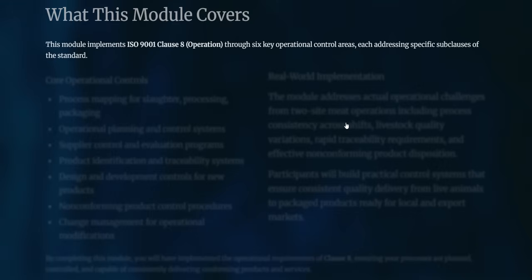This module implements ISO 9001 Clause 8 operation through 6 key operational control areas, each addressing specific subclauses of the standard. As we said earlier at the beginning of this training, we are not only explaining the clauses, we are giving you real life examples. Here, let's walk through.